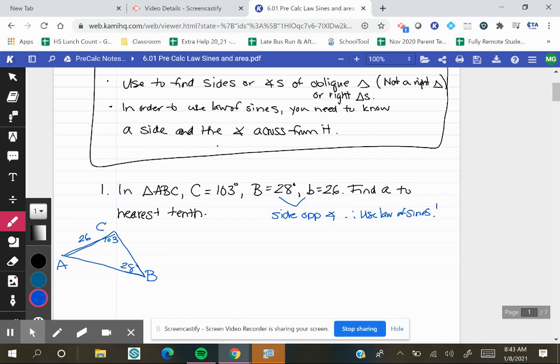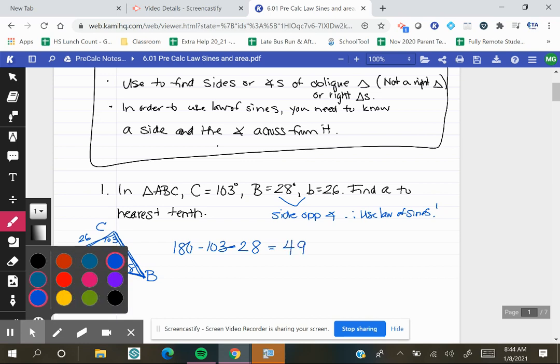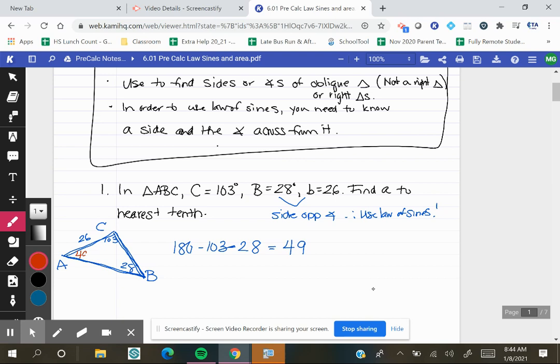If I normally set up law of sines, I do 26 over sine of 28 equals side c over sine of 103, but that would give me side c. I want side a. So I need to know angle A across from it. Well, I have a triangle, so I'm just going to subtract the 103 and 28 from 180. So 180 minus 103 minus 28, and that gives me 49. So now I know that angle A is 49 degrees.